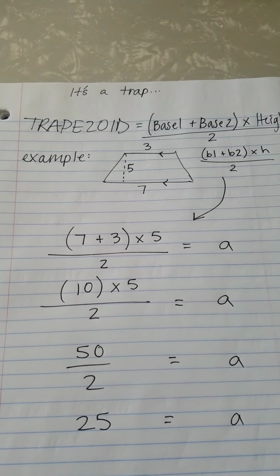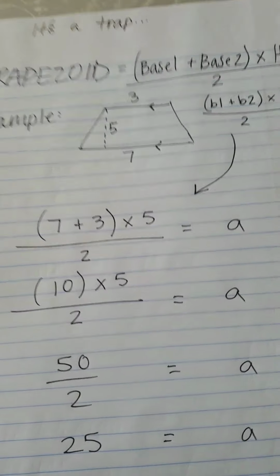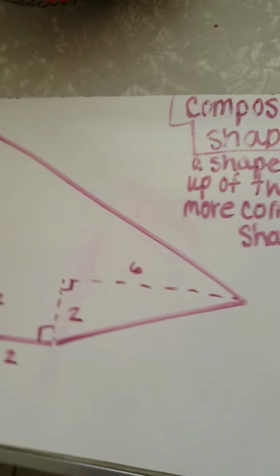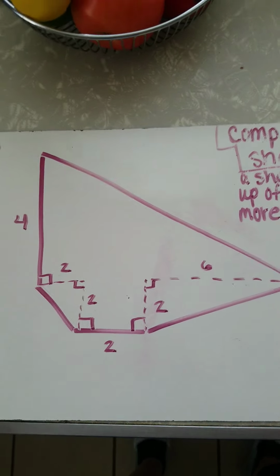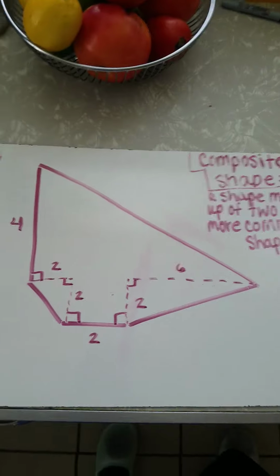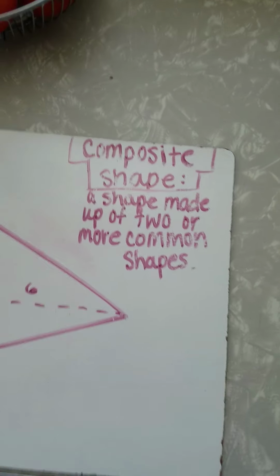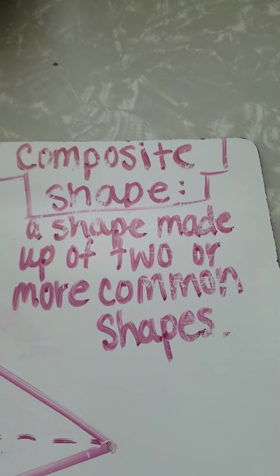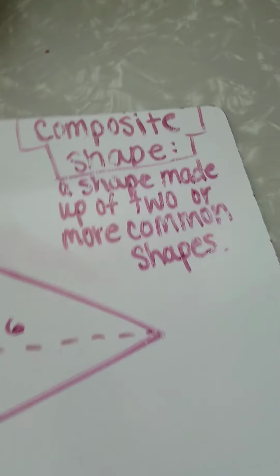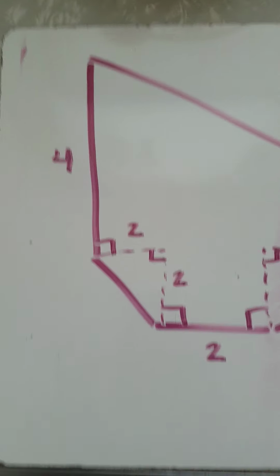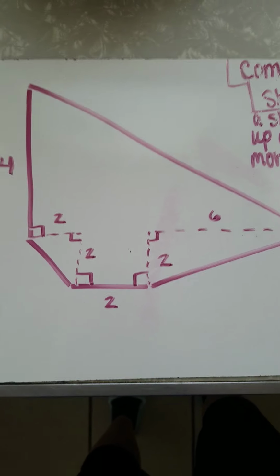Okay, so now you're probably like, okay, cool. Now how do I solve this crazy problem? Well, first thing you have to do is figure out, well, what are all of the different shapes that make this shape up? Because a composite shape is a shape made of 2 or more common shapes. So this first one, what shapes do you notice?